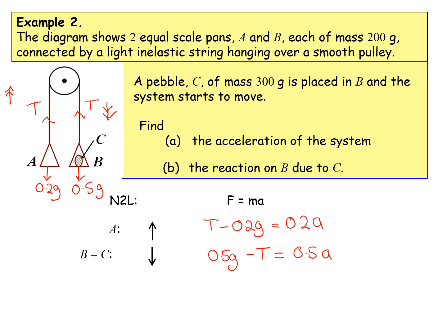So what would I do with these? I'd add them, wouldn't I, to get rid of the T's. So if I add them, I get 0.3g equals 0.7a. And then I know what g is, that's 9.8.